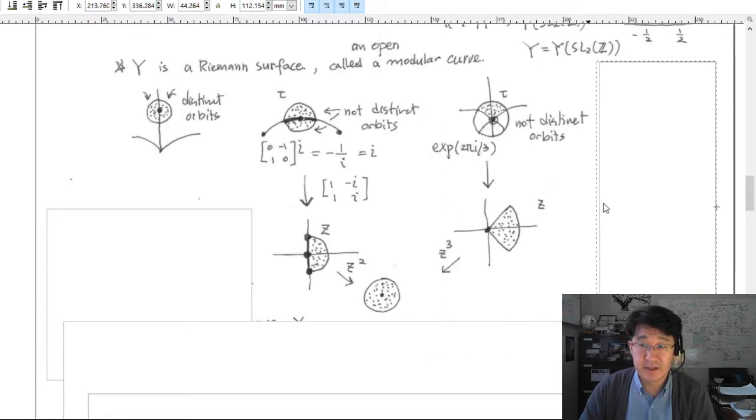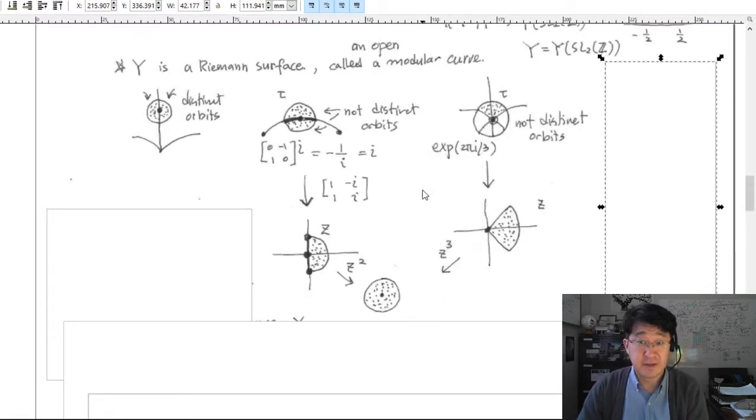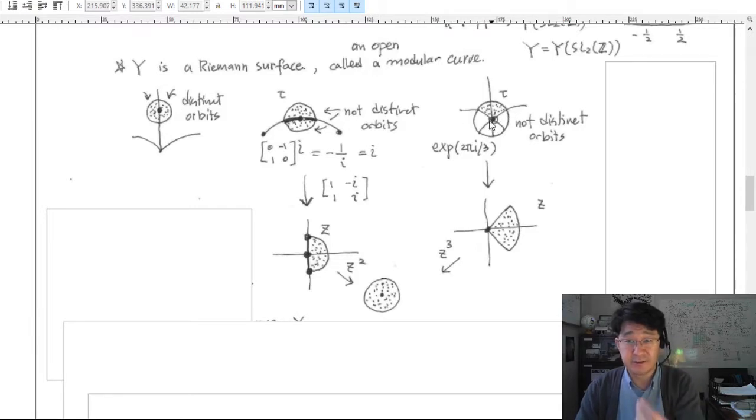All right, next one, use the same technique, whatever that matrix that fixes it is there. You apply this one instead of i, you put this third root of unity there. And then it turns out to be this piece in here. If you cube it, this is the pi over 3, I think.